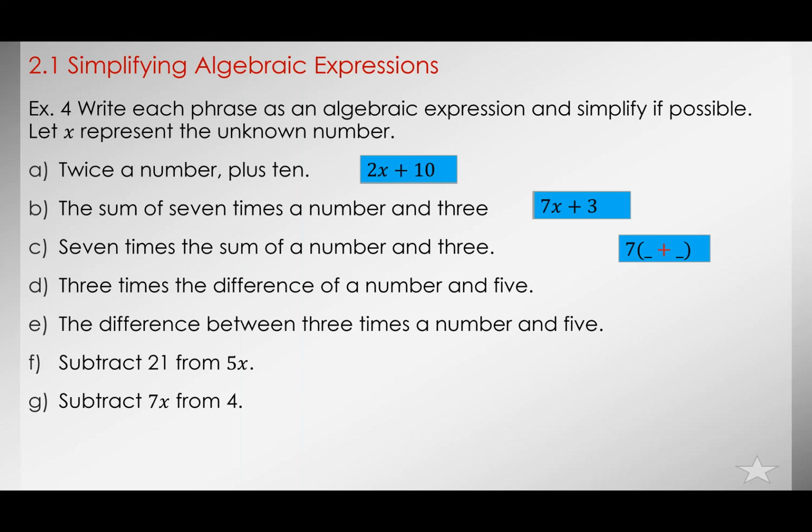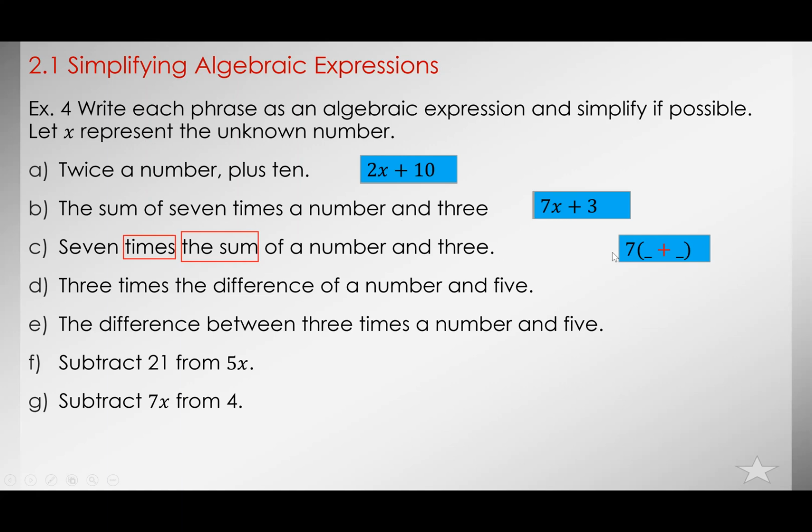This is what I tell my students: if you hear a small comma, 7 times, comma, the sum, that is what you want to notice. If we have a double operation next to each other, there is a small pause. And if there is a small pause, it means there is a parenthesis.